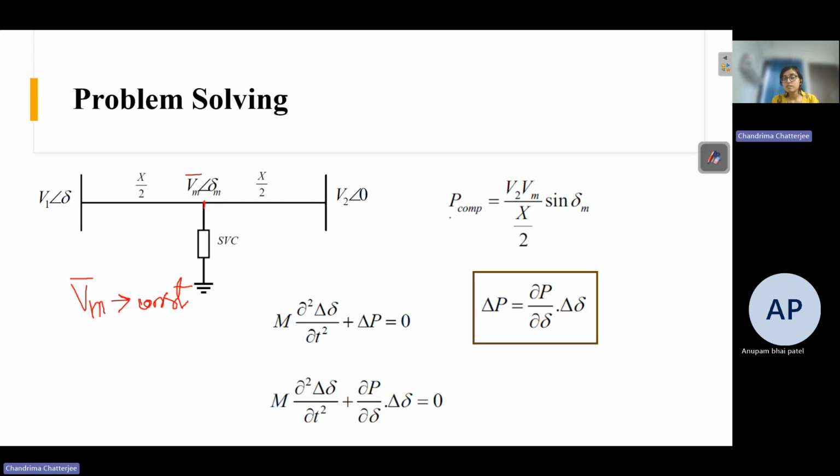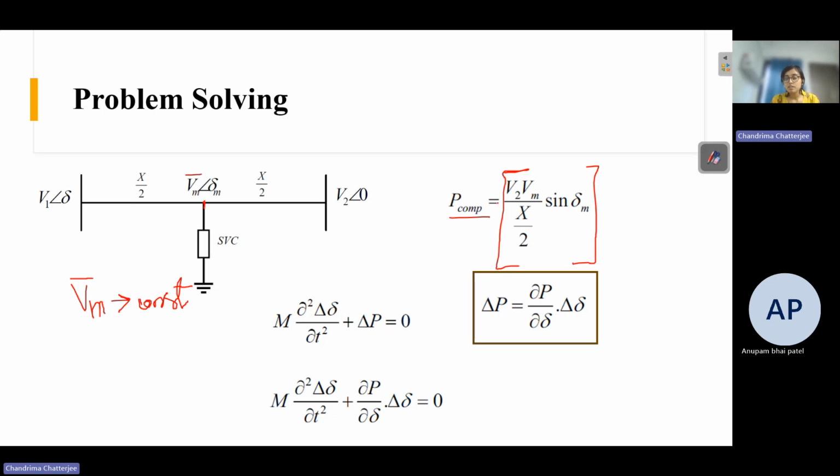In that case, what is the steady state power? P compensated. Mind it, there is still compensation. The SVC is there, the system is a compensated system. We are maintaining the voltage. So the compensated power will be V Vm by X by 2 times sine delta m.